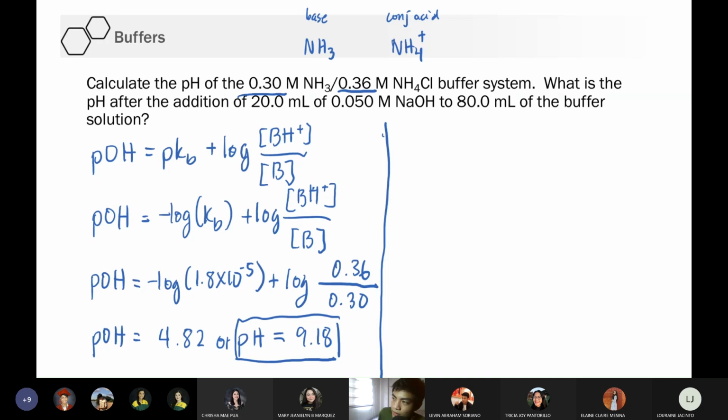Sabi, what is the pH after the addition of 20 ml of 0.05 molar sodium hydroxide to 80 ml of the buffer solution? Ano daw yung magiging pH when we add sodium hydroxide sa solution natin? O, isip tayo.